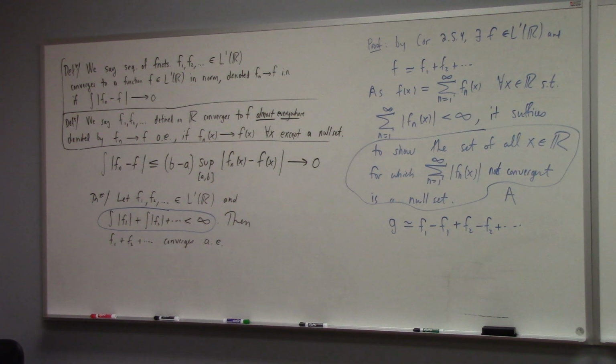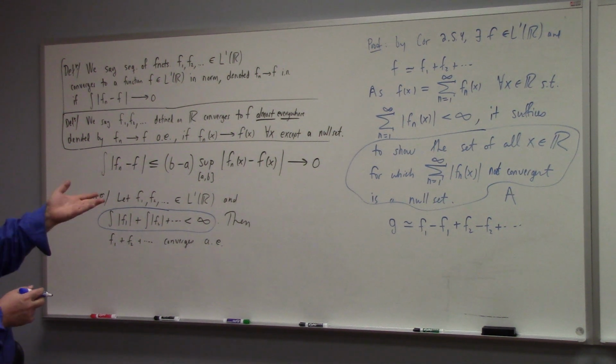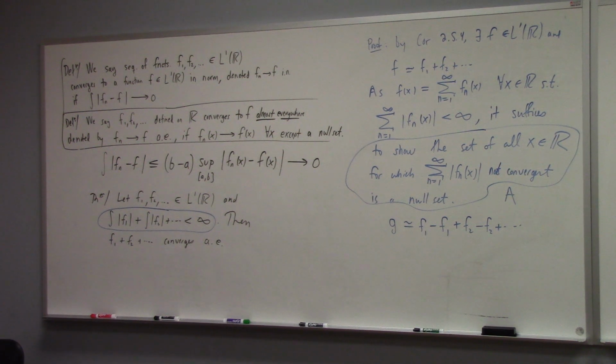Now, if you look at it, it makes sense that G would be identically 0, right?